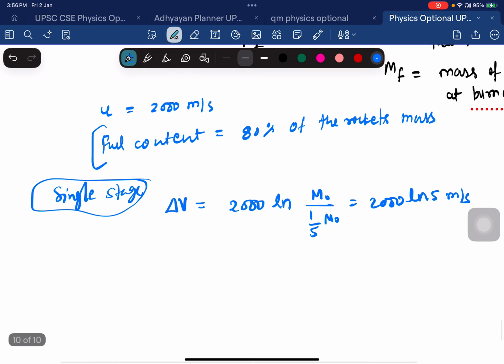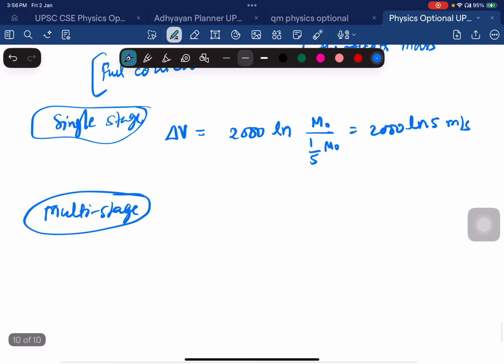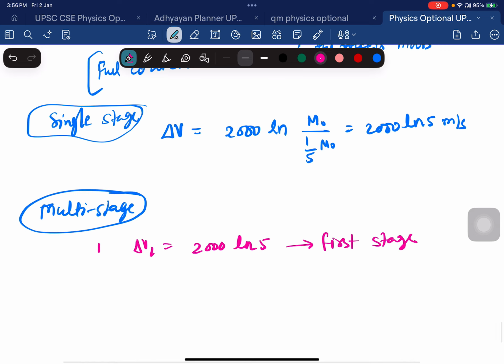Fine. Now if it is a two-stage rocket, for the first stage delta V1 is the same, 2000 ln 5, because the fuel content structure is the same. And for the second stage, delta V2 is again the same, 2000 ln 5.